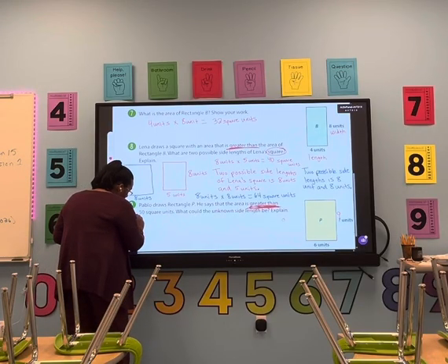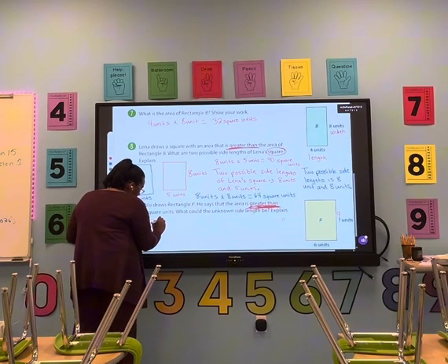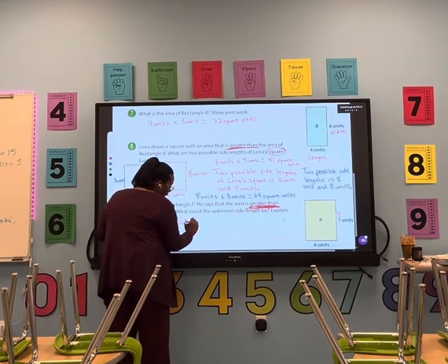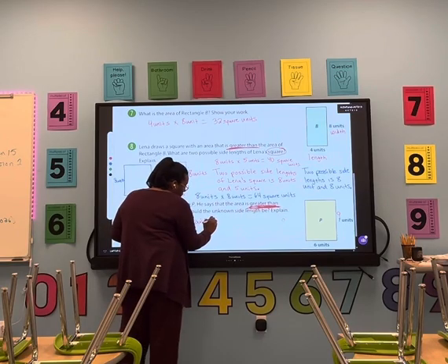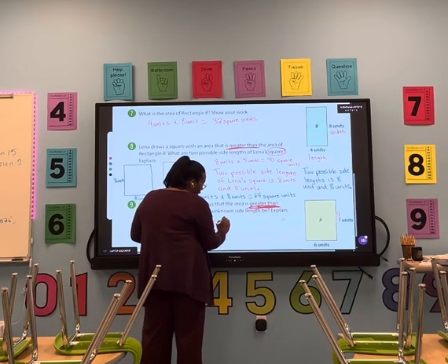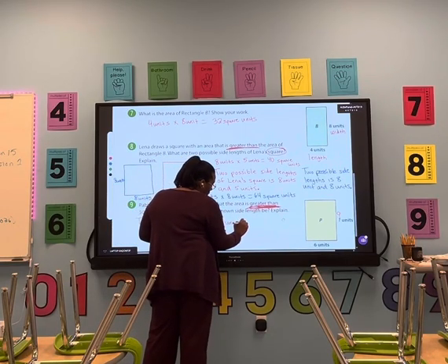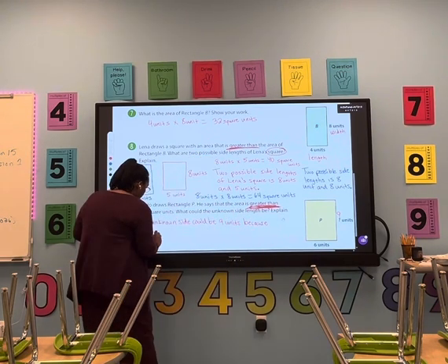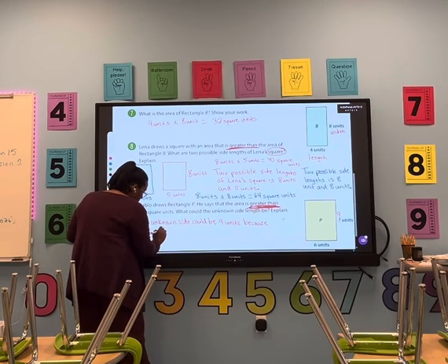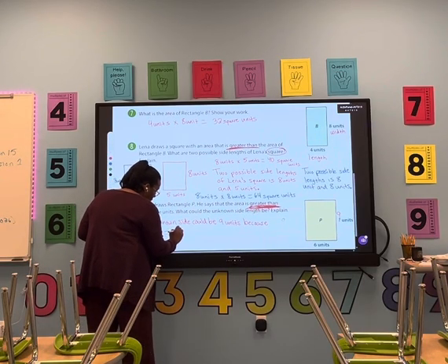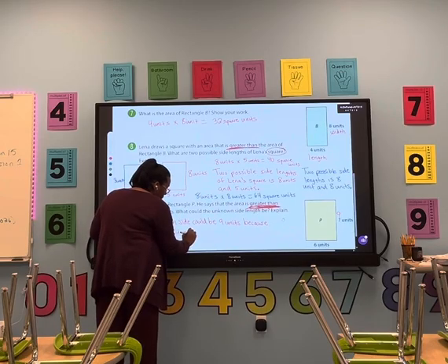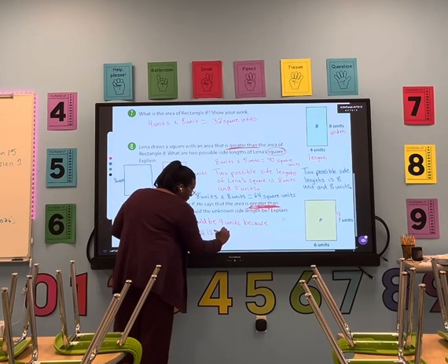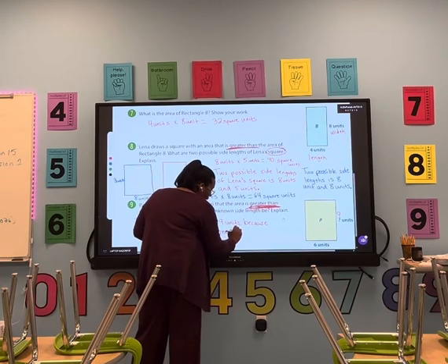We can say the unknown side length could be 9 units because 6 times 9 equals 54. And 54 is greater than 50.